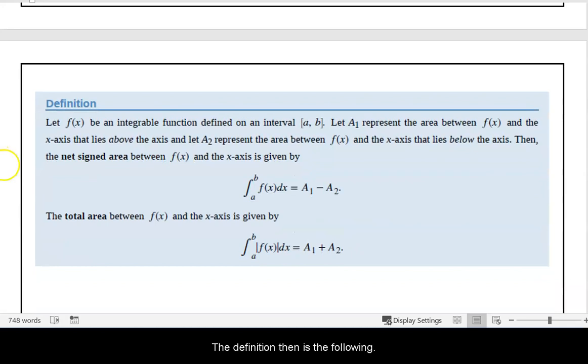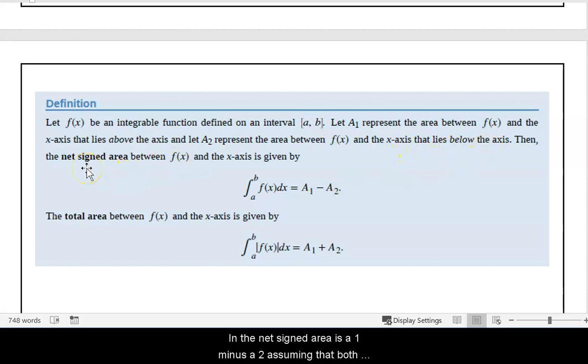The definition then is the following. Supposing that you have a function for which you can compute the definite integral over a closed interval from a to b. Suppose A1 represents the area between the function and the x-axis that lies above the x-axis, and A2 represents the area between the function and the x-axis that is below the axis.